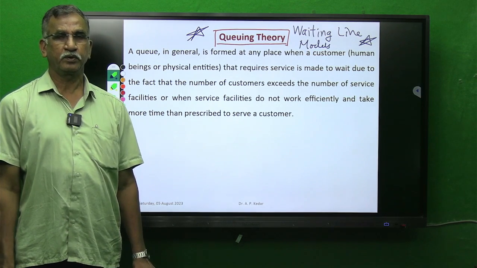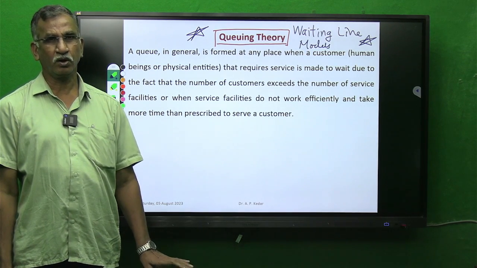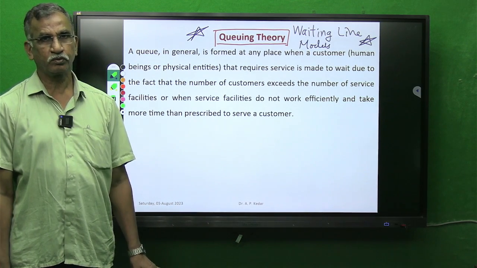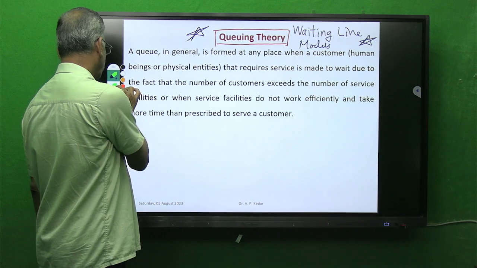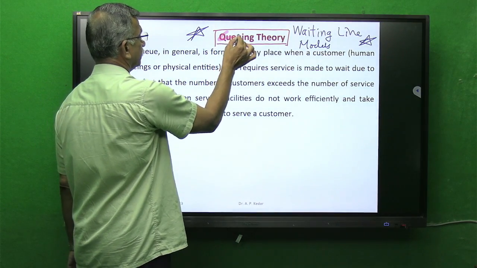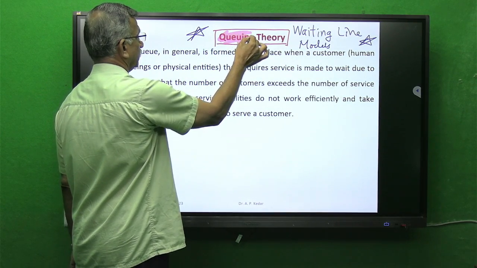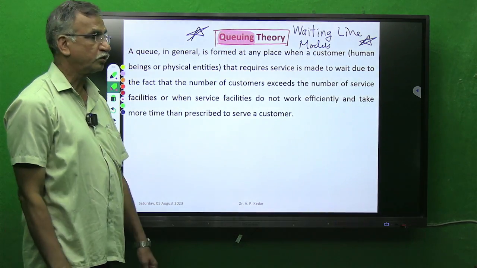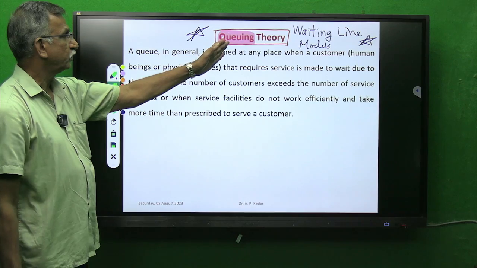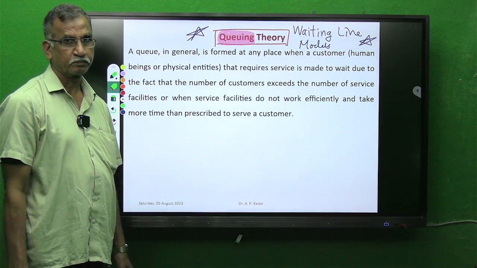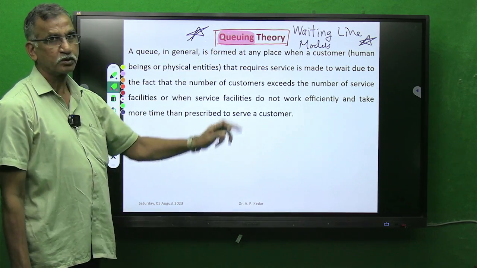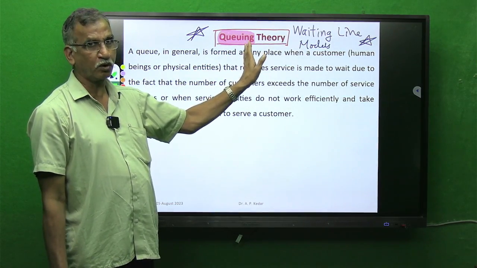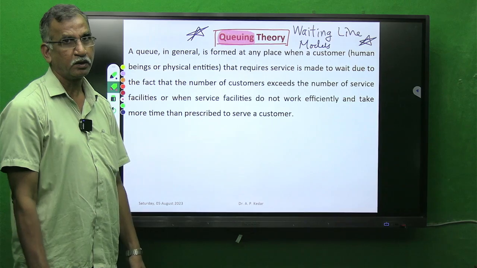In day-to-day life, in all corners, in all working areas, wherever we go, we always come across this term, that is queue. We always come across the term called queue, and from queue the term is queuing, or other synonym of the same queuing theory or queuing models is waiting line model.